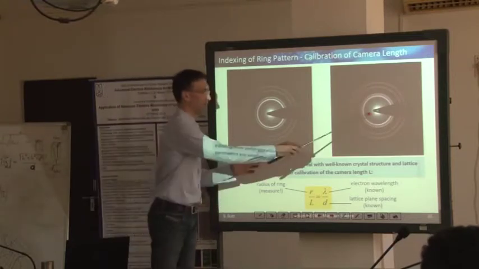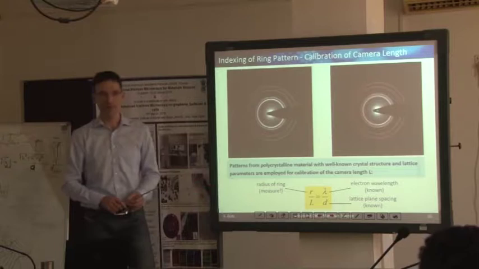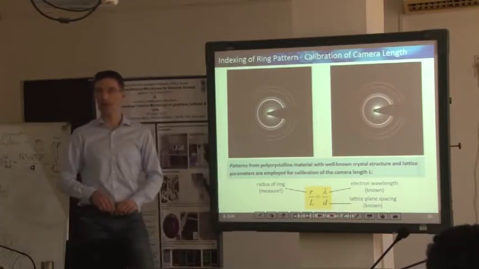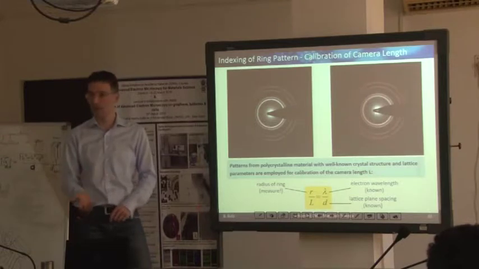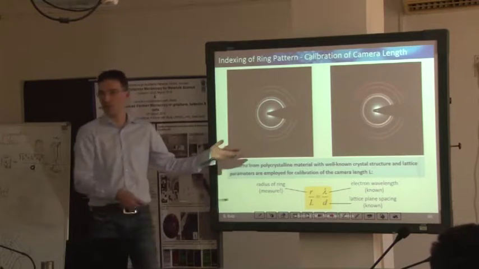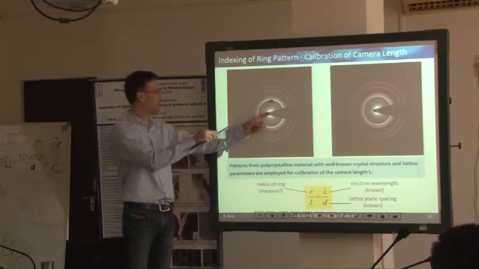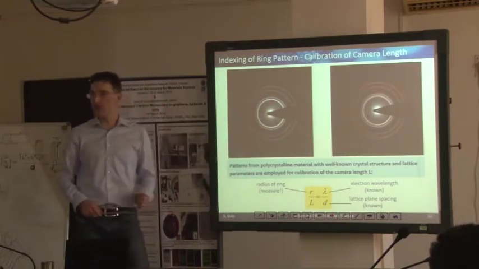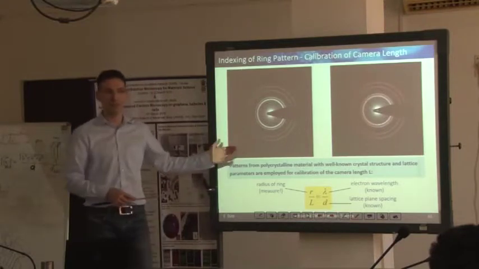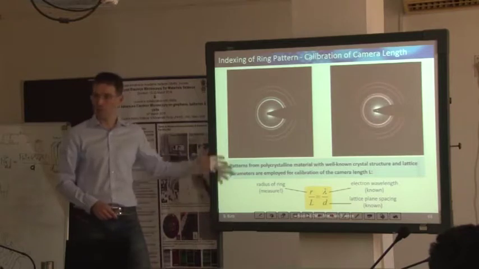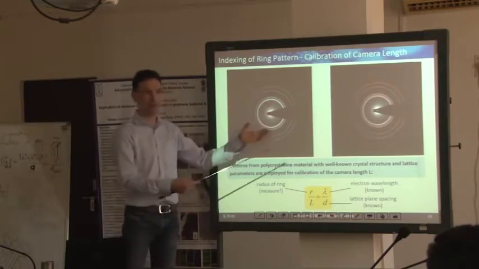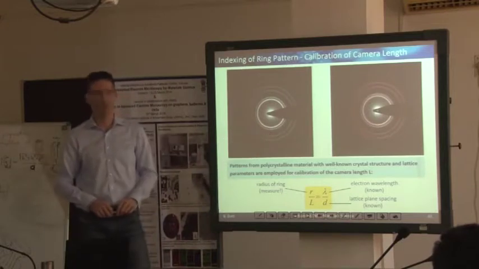To come up with quantitative data, you will always have to measure your camera length precisely, so you have to calibrate it by the use of, for instance, a polycrystalline gold film, because here you can just measure one of the distances of gold to calibrate, to measure those reciprocal distances and come up with a quantitative analysis.